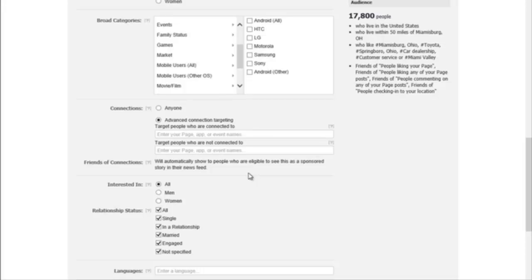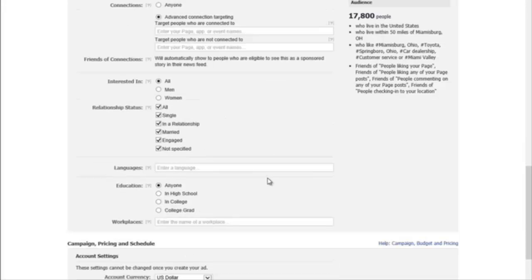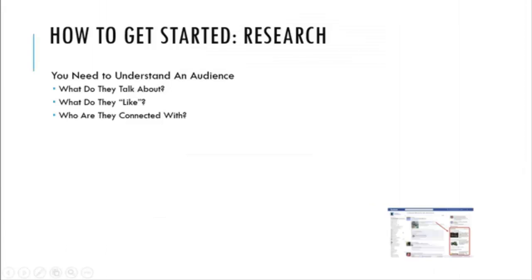You're going to write a specific ad to a specific people, and you're going to find then that Facebook's algorithm will work with you when that happens. This is why you want to understand your audience, because of all these targeting options: if you know them and you know to put them in here, it's going to give you a better ad. Again, we're going to get into this deeper in another video, but I did want to show you this from the very beginning.